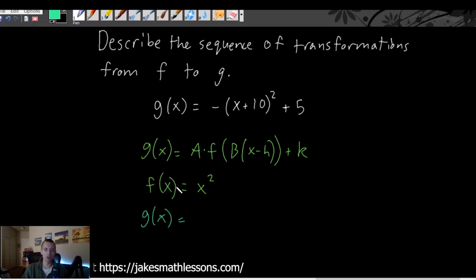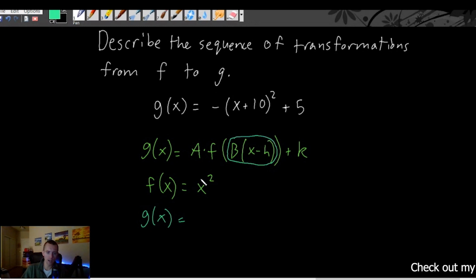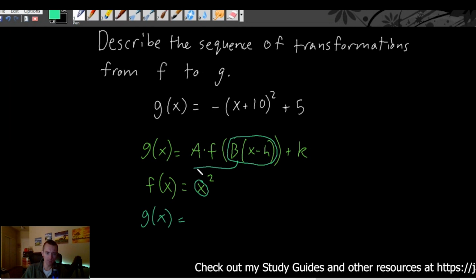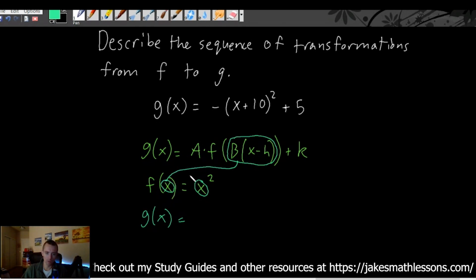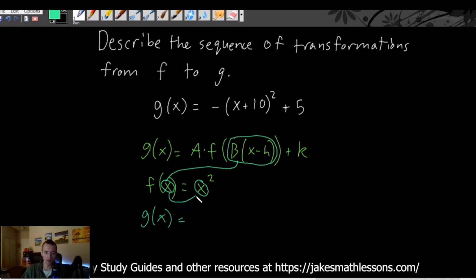So to do that, all this notation means is that if we have f of all this stuff here, all that tells us is we're going to go to our function f, and wherever we see an x, we're going to replace that x with whatever is inside the parentheses. So this stuff is just going to be plugged into our function f for x.